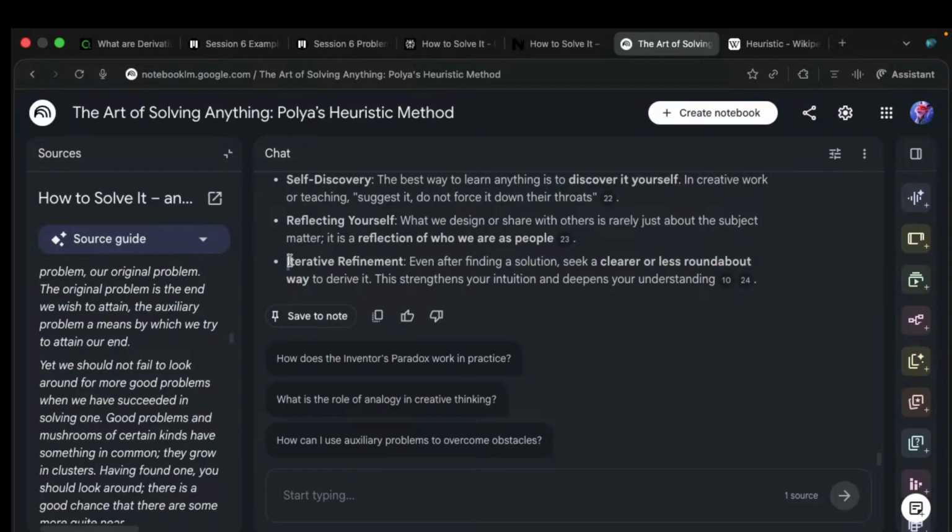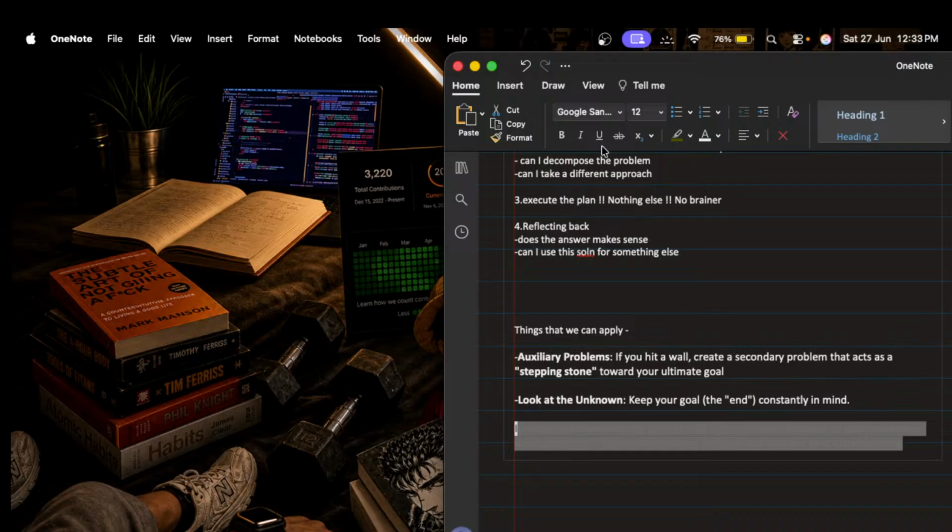So let's say we find a solution from standard methods, but we can use different methods or something different. So we can come up with different methods so that we can use it as a shortcut or just brainstorm over it.